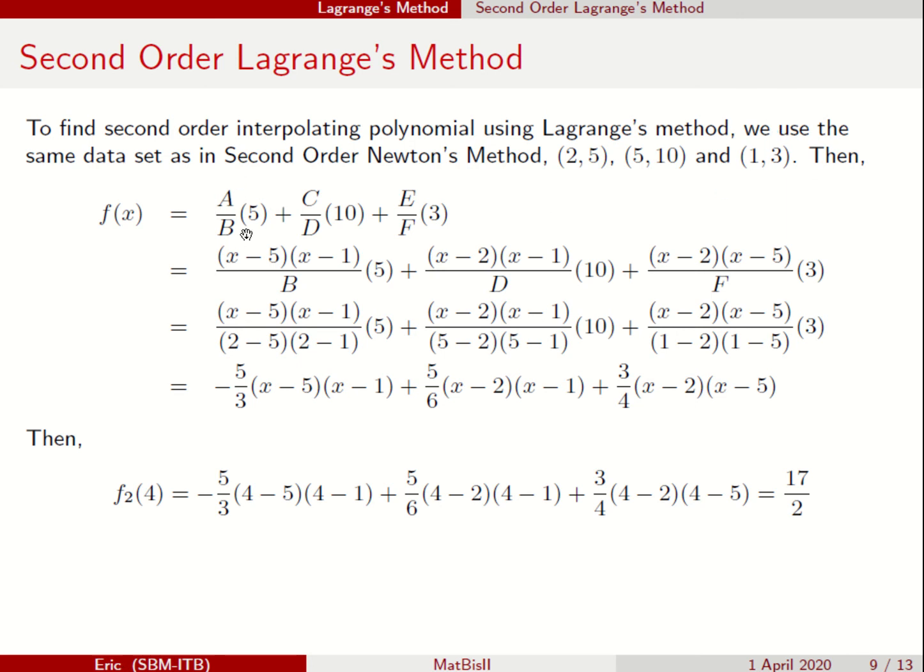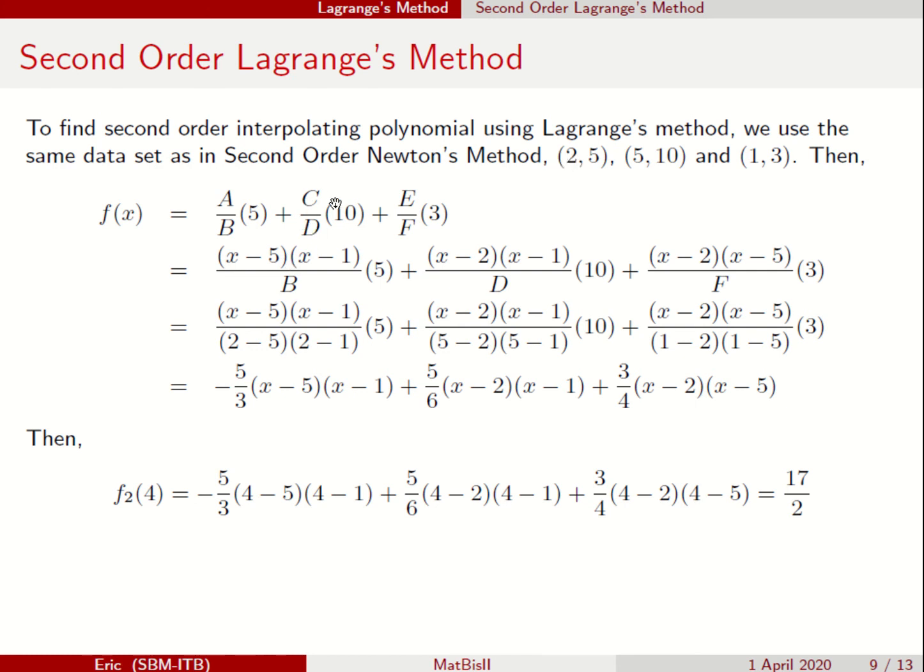So in order for this one to correspond to just this point and not the other points, at this term we have to include x minus 5 and x minus 1. Why? Because if I put 5 and 1 here, it will become 0. Because I just want to have this correspond to this point, just this point.